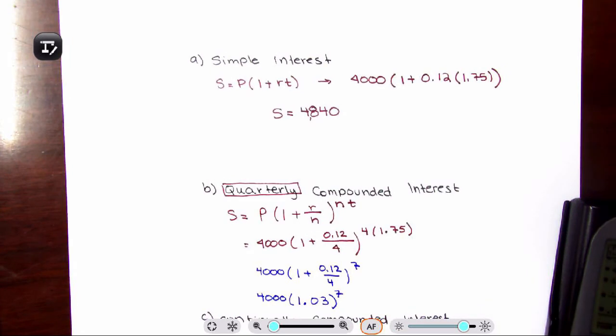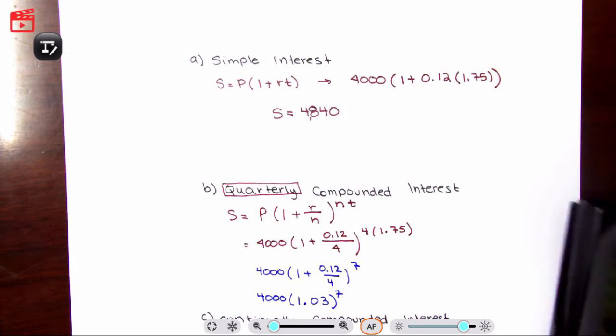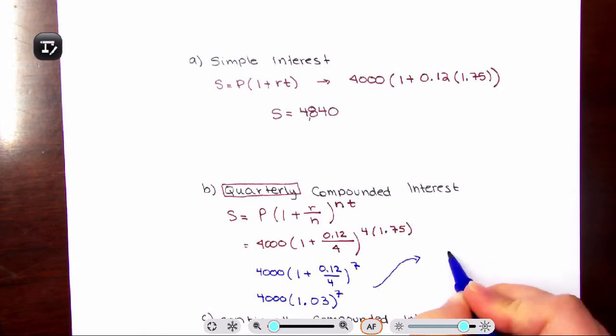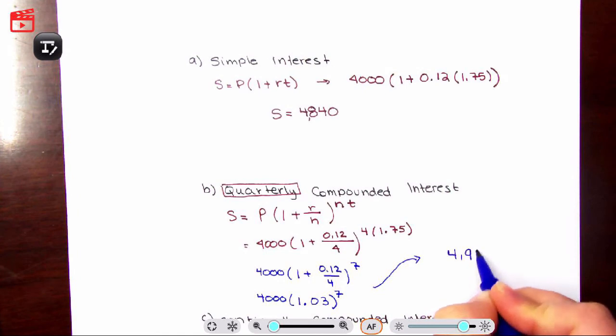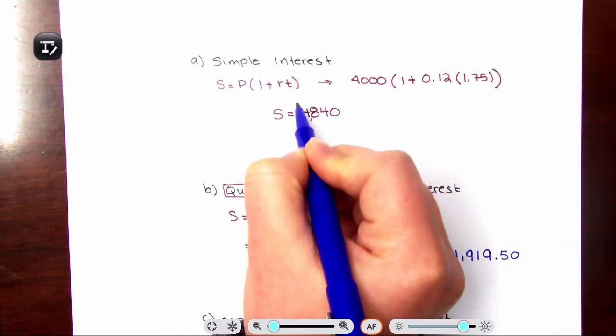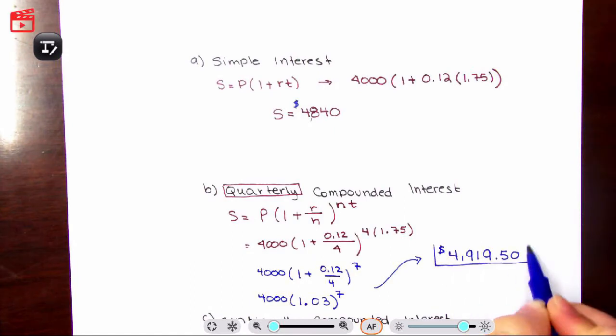Now I'm going to type everything into my calculator, so 4,000 times 1.03 to the 7th power, and that gives me $4,919.50. Again, don't forget that we are talking about money, so dollar signs.